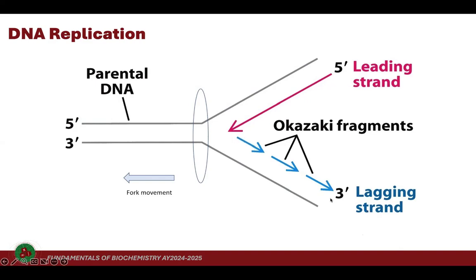So it creates short DNA strands using this 3' to 5' strand as the template. Okay, so again, with the 5' to 3' as the template, it creates the leading strand. But with the 3' to 5' template, it creates a lagging strand.